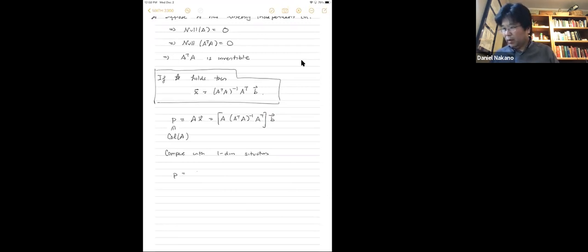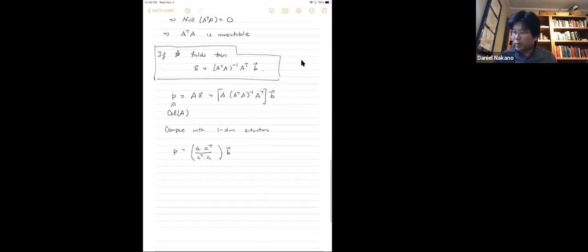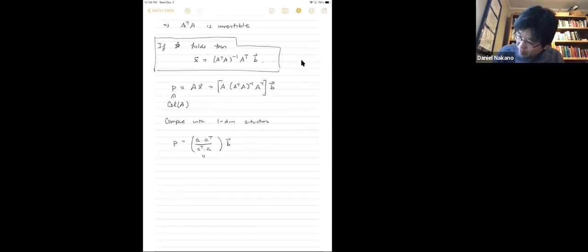Let me write it out this way, since we did this last time. It was A transpose over A transpose A, and then we applied it to B. This was the projection matrix, capital P.